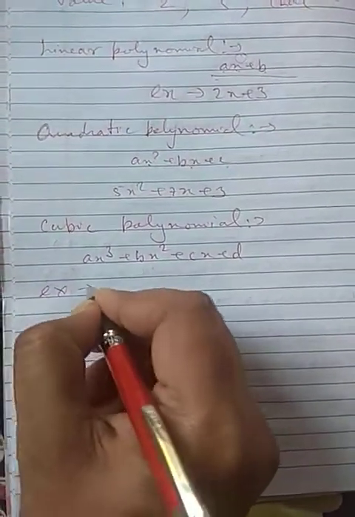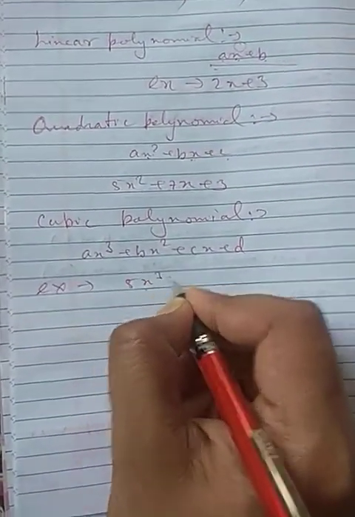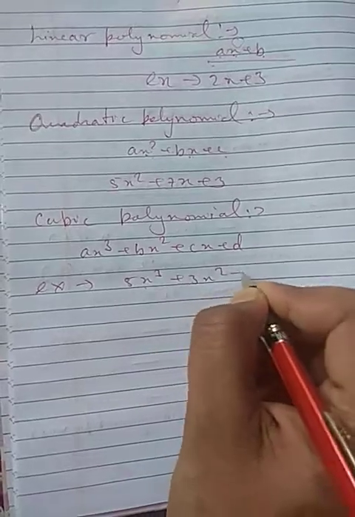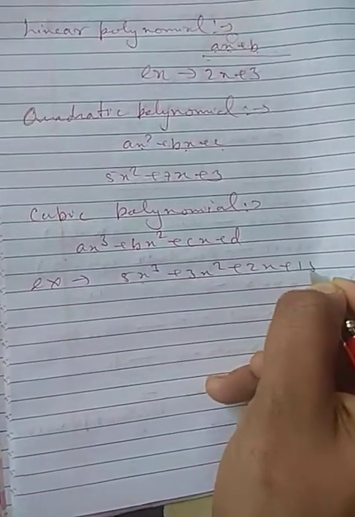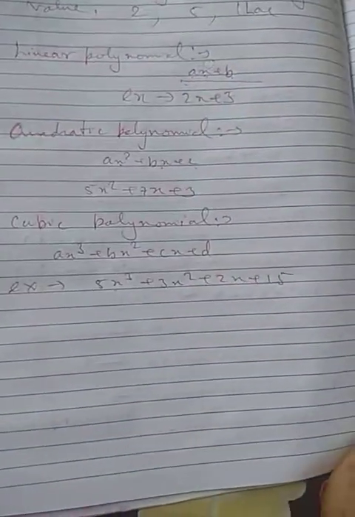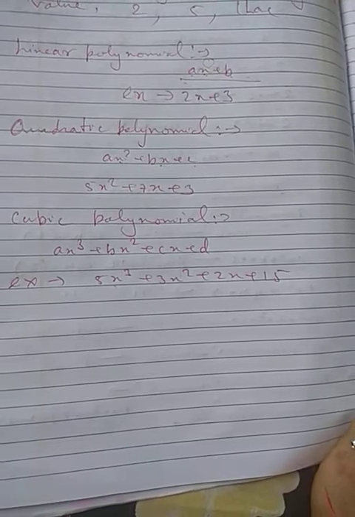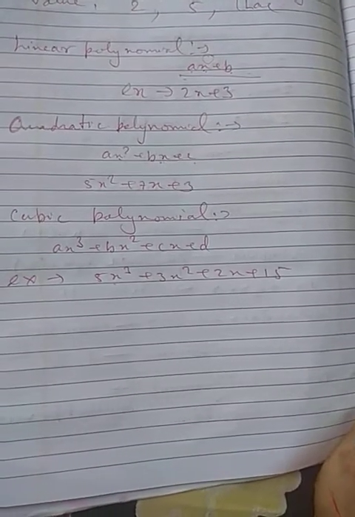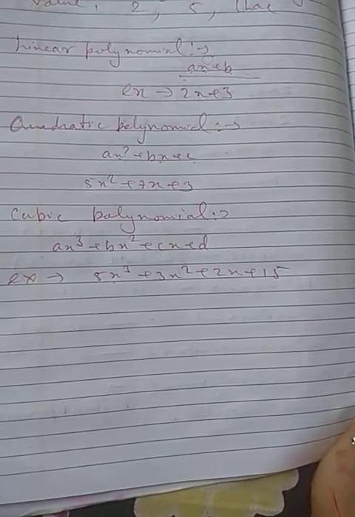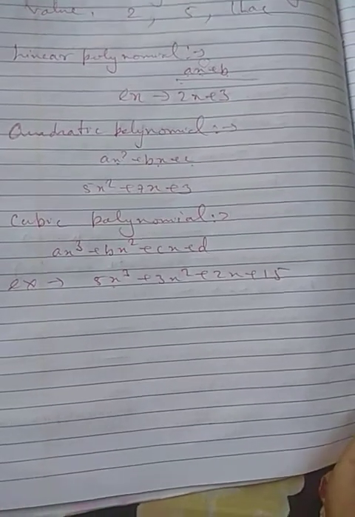An example: 5x cube plus 3x square plus 2x plus 15 is a cubic polynomial because the variable x has highest power 3, and 5, 3, 2 and 15 are the constants.